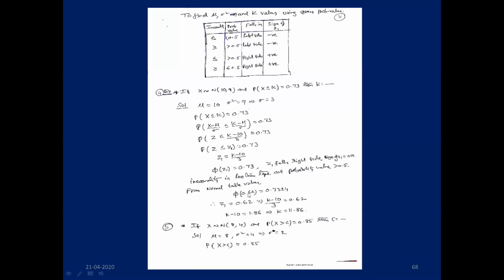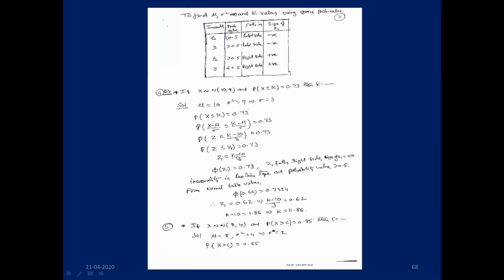The corresponding Z value is 0.6 with the second decimal 0.02. Combining these two, we get 0.62. So 0.62 is the Z1 value and 0.732 is the table value; these two are comparable. Now Z1 is equal to 0.62.